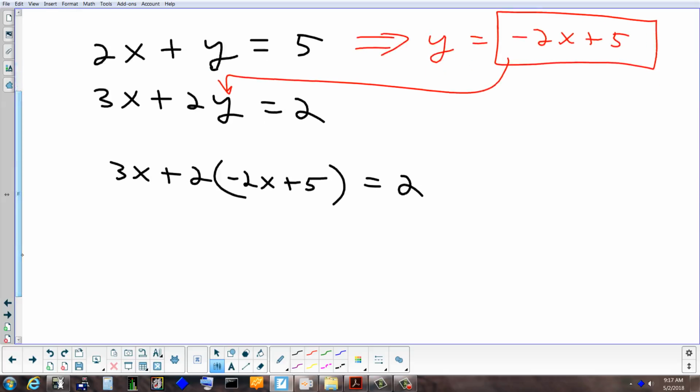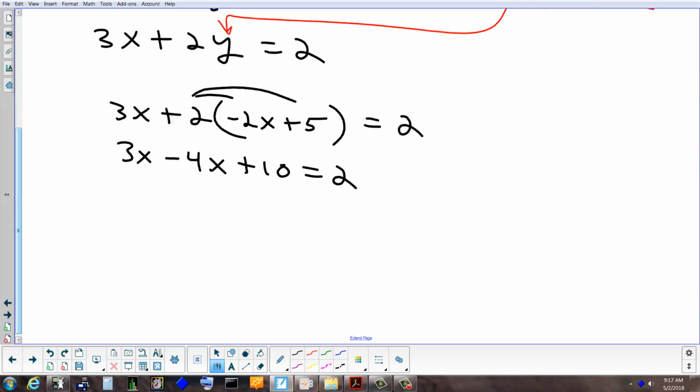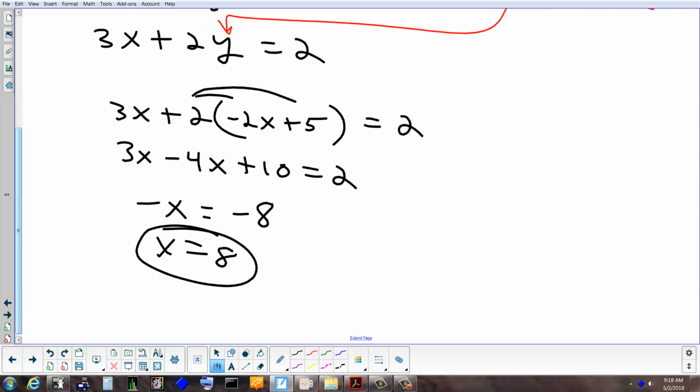And how about Juliet? If I distribute that out, what would I get? Minus 4x plus 10. Plus 10. And now we just got to combine like terms and get x by itself. So we get 3x minus 4x is negative x. 2 minus 10 gives me negative 8. So x is 8, but we're only half done with our answers.